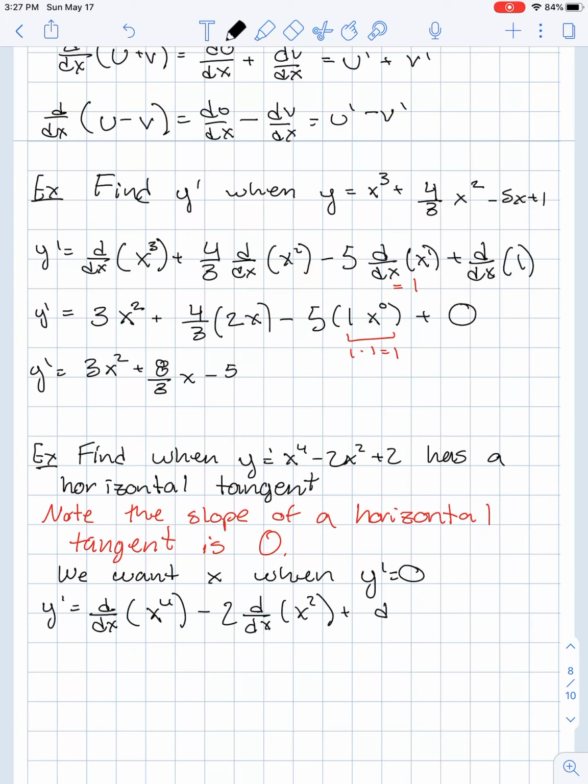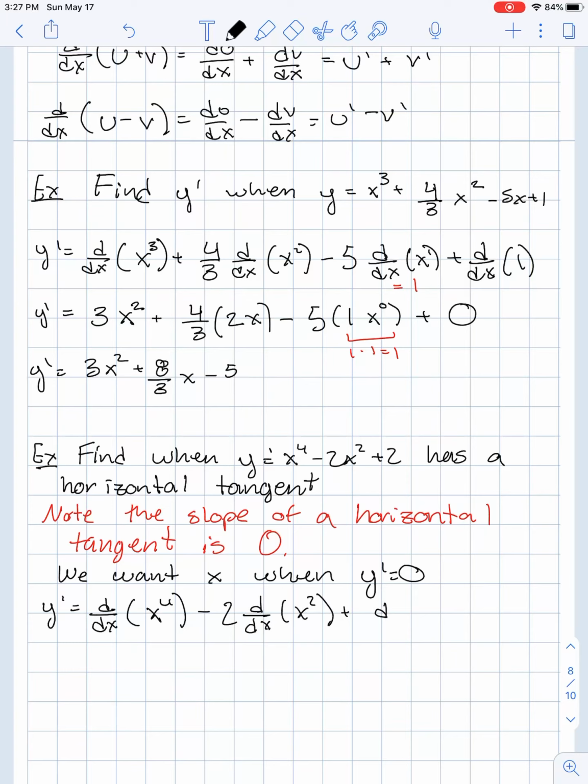Okay? And then g prime of x is the derivative of x squared, plus the derivative of e to the x. So we're going to get 2x plus e to the x. Awesome.